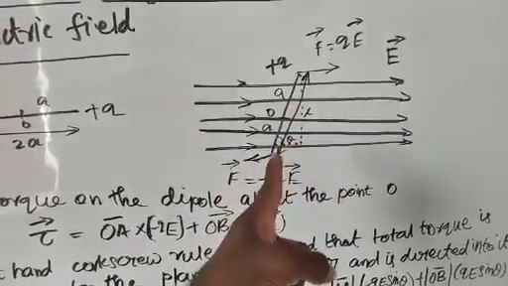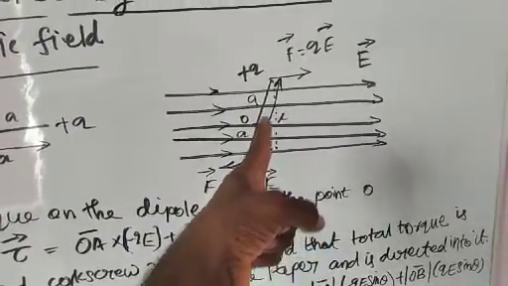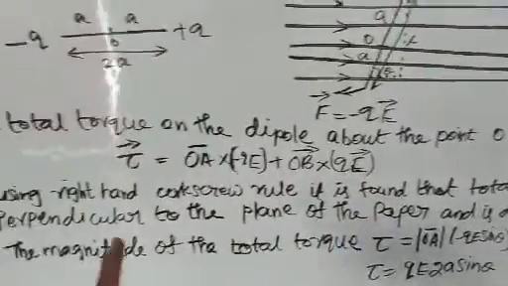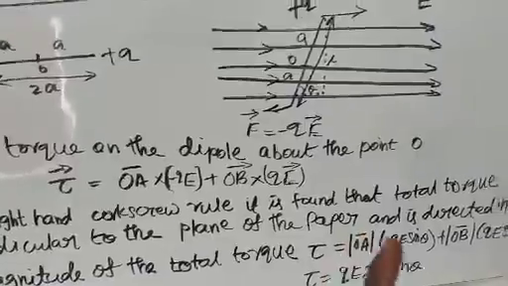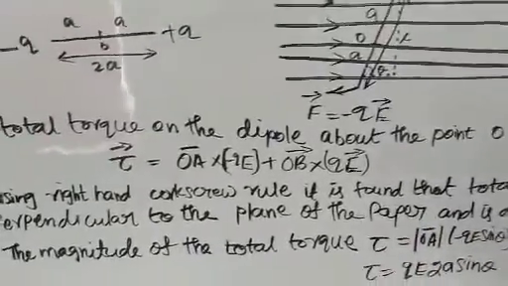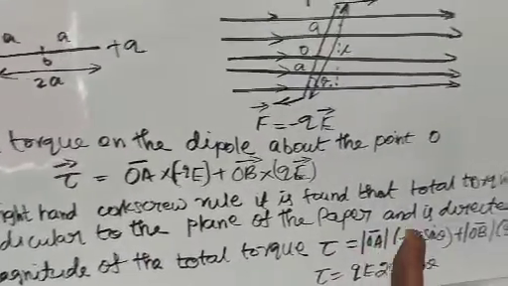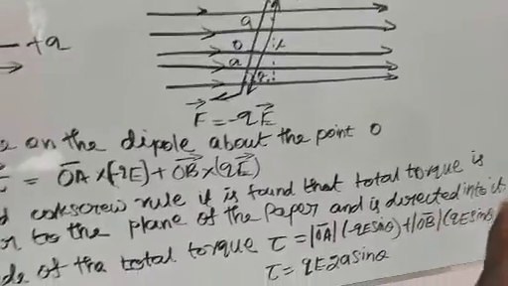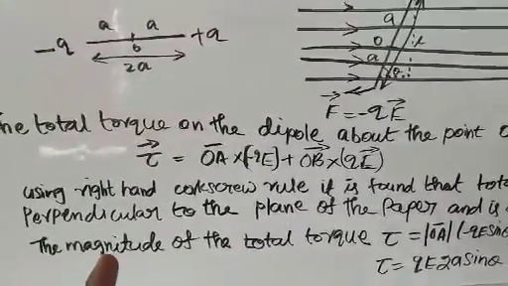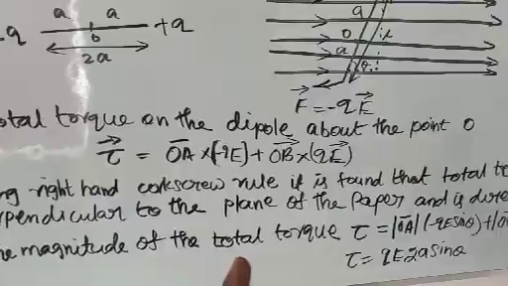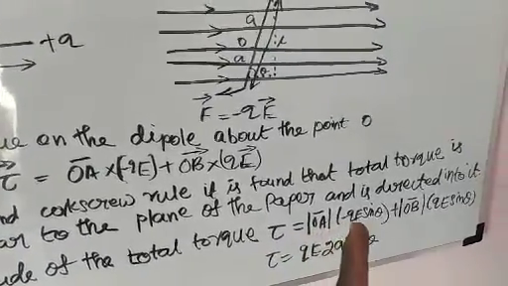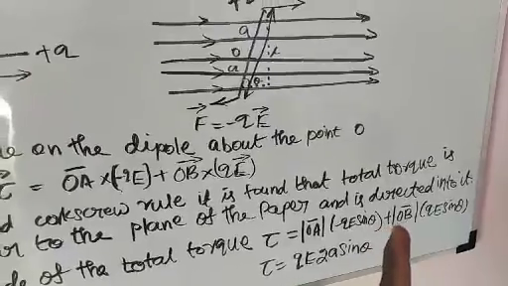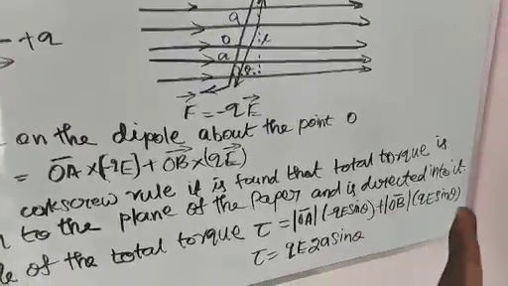This is A, O, this is B. Using the right hand corkscrew rule, it is found that the total torque is perpendicular to the plane of the paper and directed into it. The magnitude of the torque tau equal to magnitude of OA times minus qE sin theta plus magnitude of OB times qE sin theta.